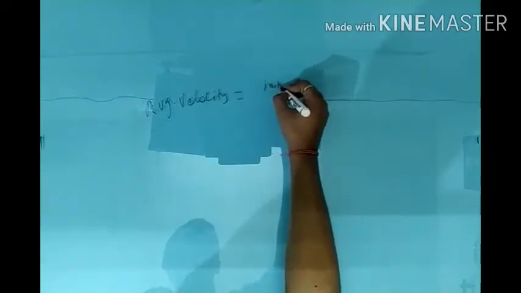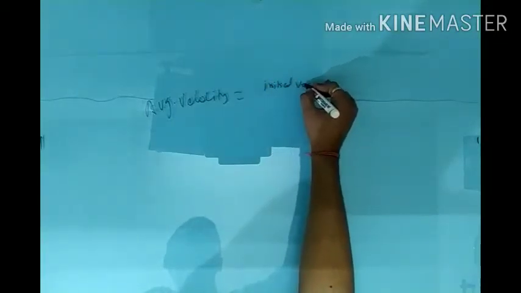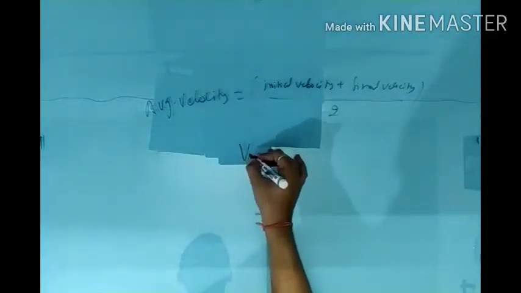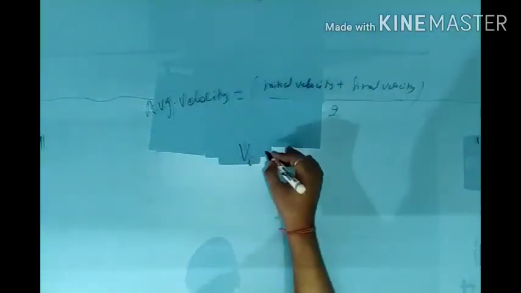Now in case of average velocity we can say that initial velocity plus final velocity divided by 2. We already know that to find average of any quantity we have to add all the quantities, then divide by how many quantities there are. So if we have two velocities, initial velocity and final velocity, to calculate average velocity, Vi means initial velocity and Vf is the final velocity.